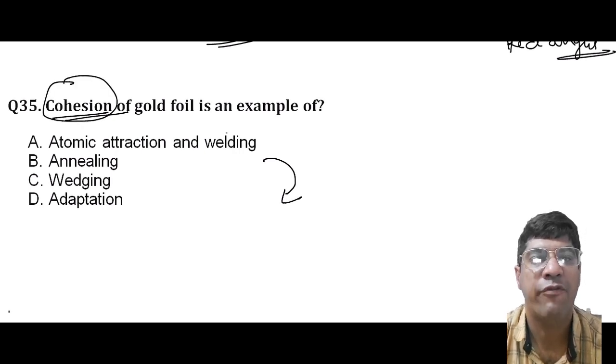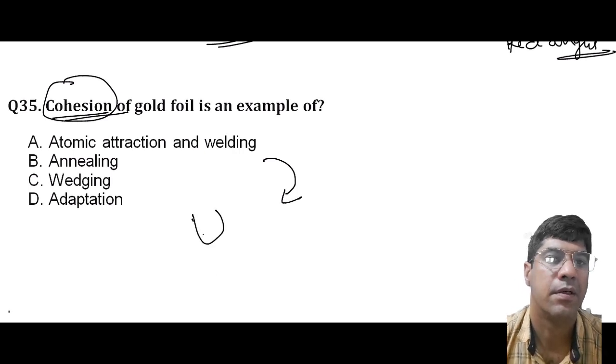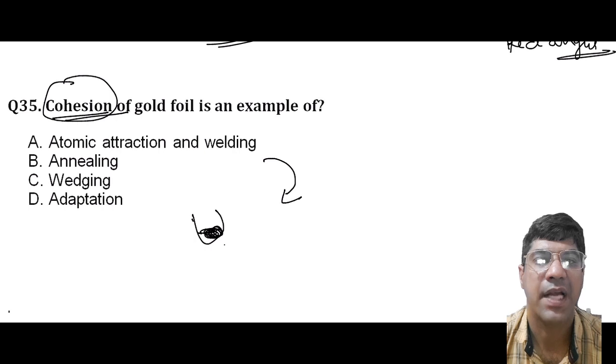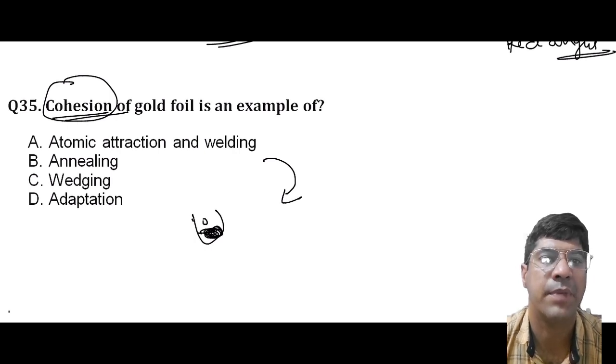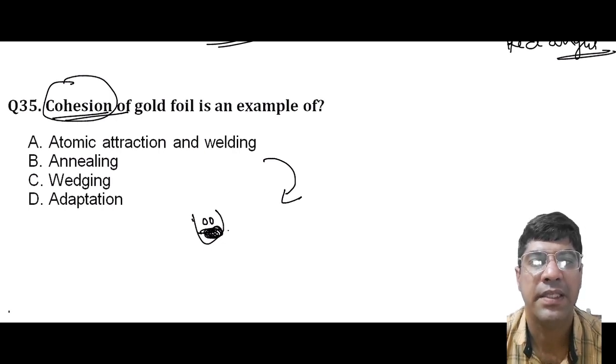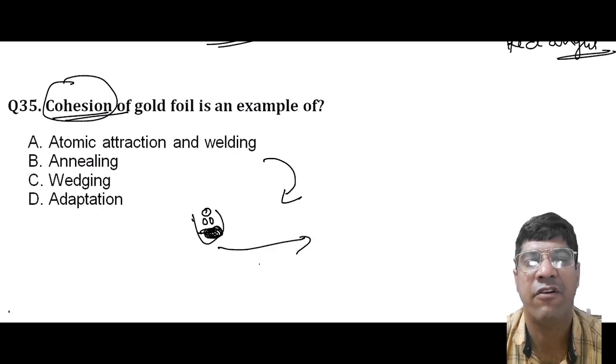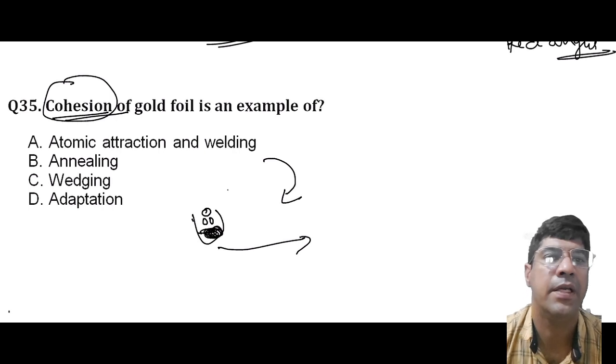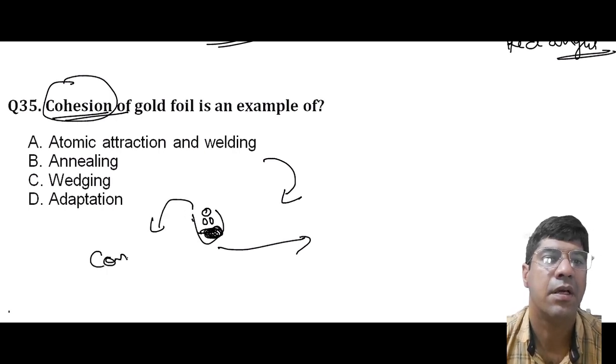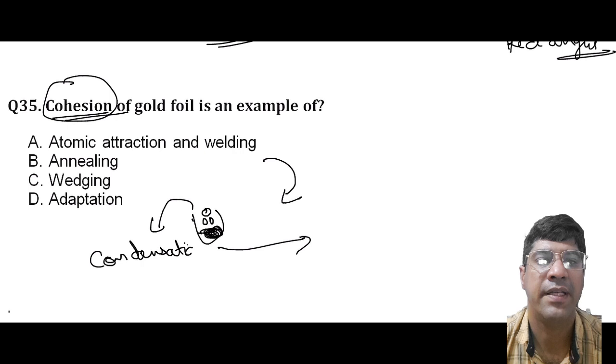Now when the gold foil is condensed or packed in a cavity preparation, the atoms at the interface of the foil layers come into very close proximity. Due to their natural atomic attraction, these gold foils tend to bond or weld together at the molecular level. This welding action occurs as a result of the mechanical pressure applied during the condensation process that we have already discussed.